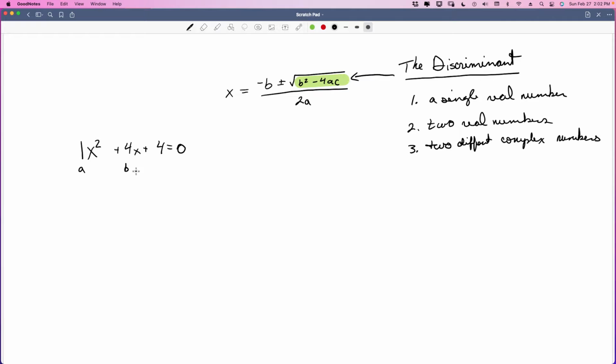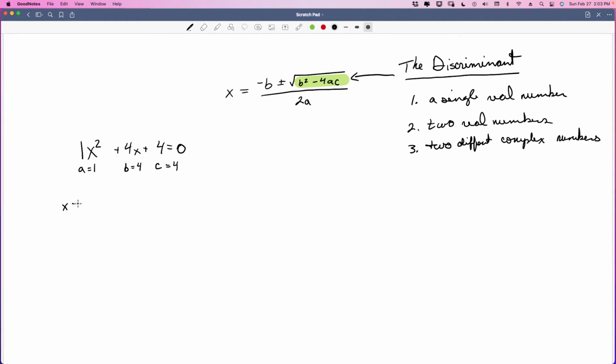Positive 4 will be our B term, and positive 4 will be our C term. Okay? So the numbers we're going to sub in are A is equal to 1, B is equal to 4, and C is equal to 4. And that's what we would use within this quadratic equation. So let's go ahead and do that right quick.